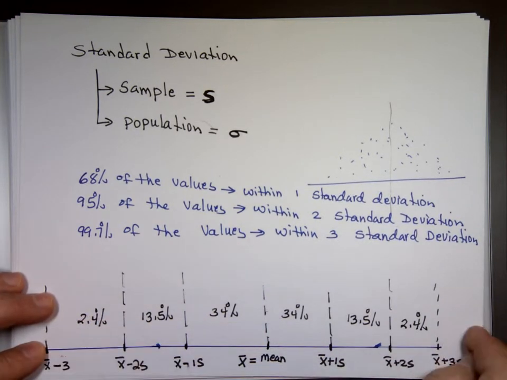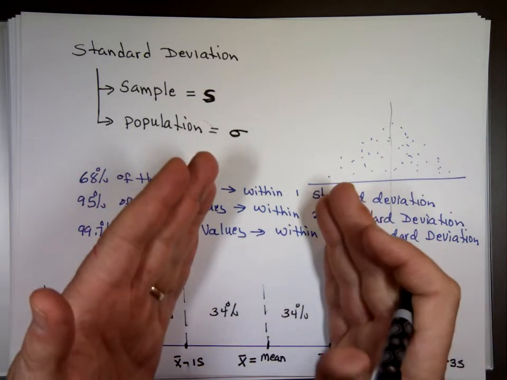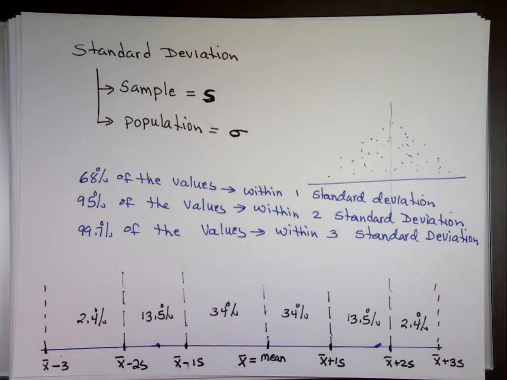There's always less than 0.1% here and 0.1% here. So 68% within 1 standard deviation, 95.